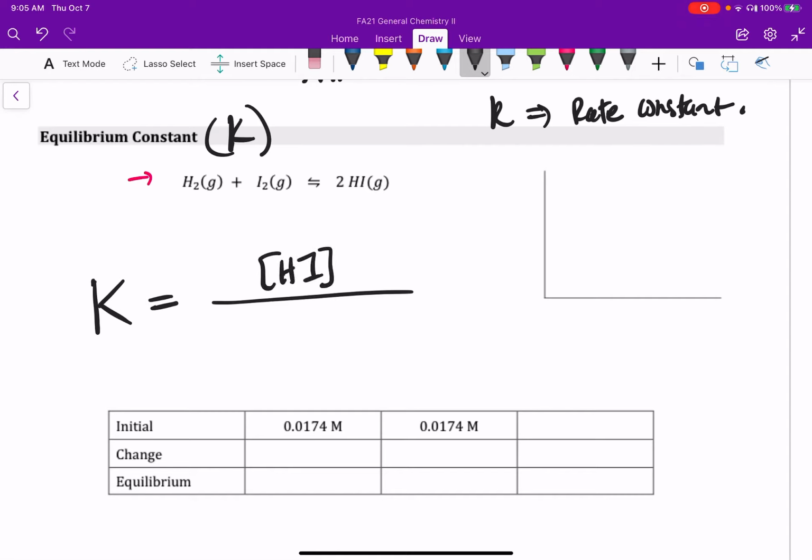In this case, it's just HI raised to that stoichiometric coefficient, so we're going to square that, over the concentration of the reactants, again raised to those stoichiometric coefficients. In this case, in front of that hydrogen and in front of the iodine, we just have one. We don't have anything there.